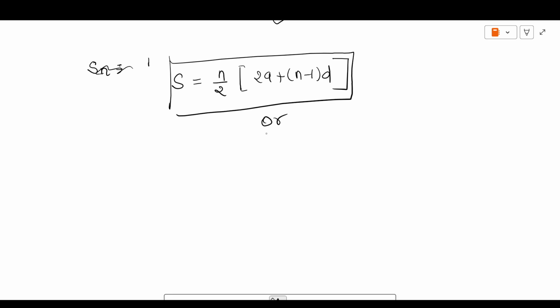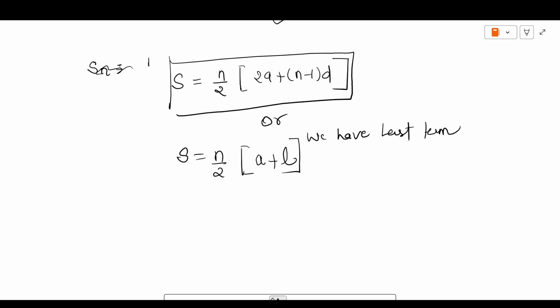Or if we have the last term, note that point, then we use this formula: S is equal to n by 2 (a plus L). Got it? Here are two formulas to find the sum.